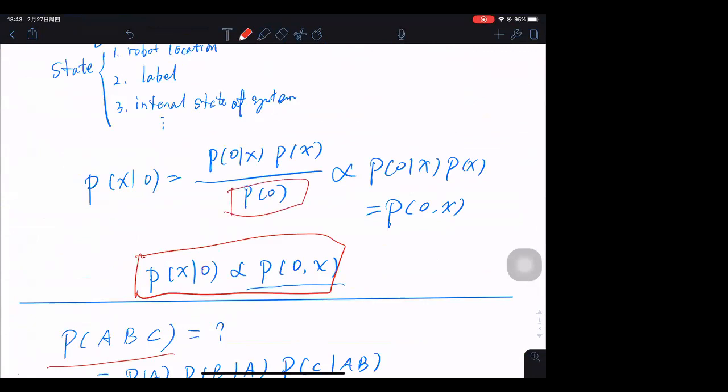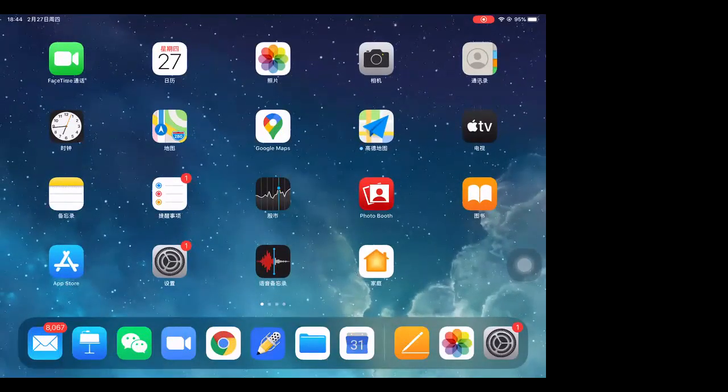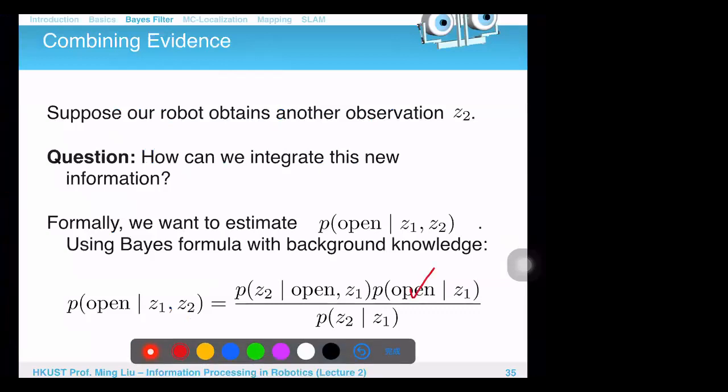Based on a sensor reading, to infer the state is only proportional to the joint distribution. That's a good assumption, so we know this part. For this part we can put in more assumptions.